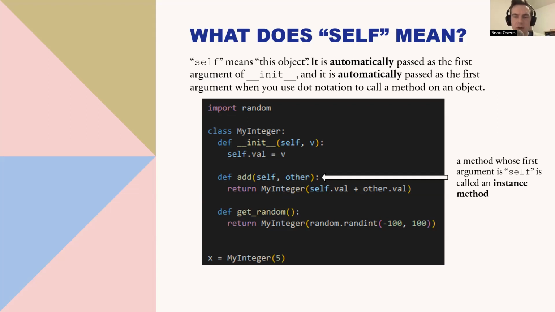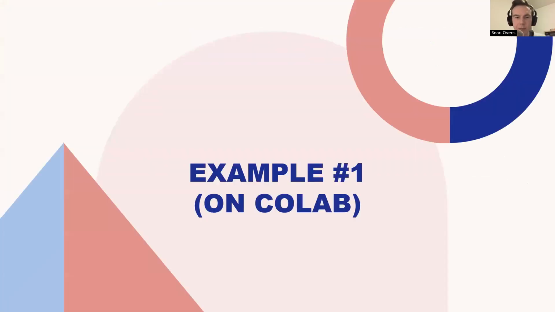So instance attributes and instance methods are both inherently bound to this notion of self. After the exercise we'll be doing next, we'll see that it's also possible to store information and support methods that don't actually rely on self. But we'll get to that after this first non-warm-up example.